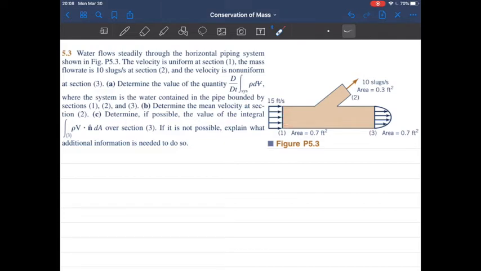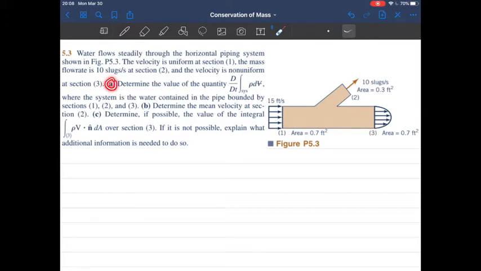And the mass flow rate at section 2 is given as 10 slugs per second, and also the area is given. And it says that the velocity is non-uniform at section 3. As you can see, the velocity changes with position, so it's non-uniform.